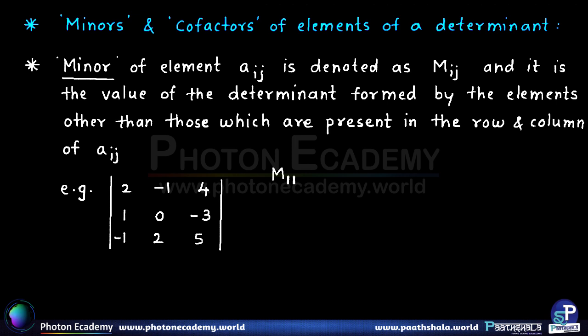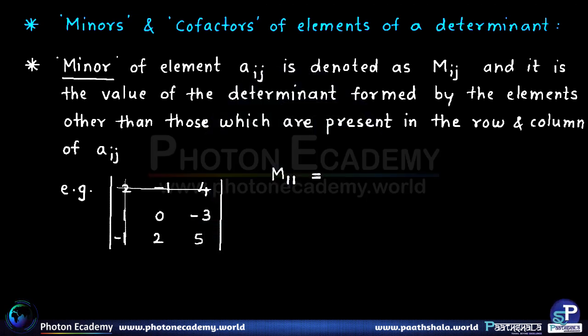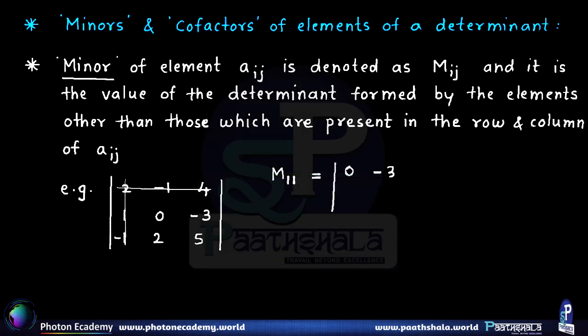So if we temporarily strike out the first row, because that is where the first element is present, and the first column, what remains is the remaining 4 elements, and they will form the determinant with 0, -3, 2 and 5.